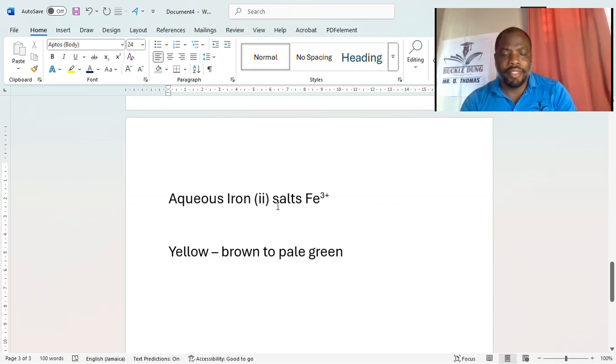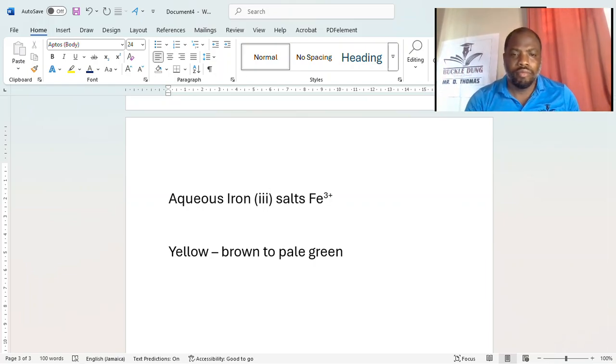So the next popular oxidizing agent that we can look at is the iron 3 salts. Now, we know that salts basically have an anion.